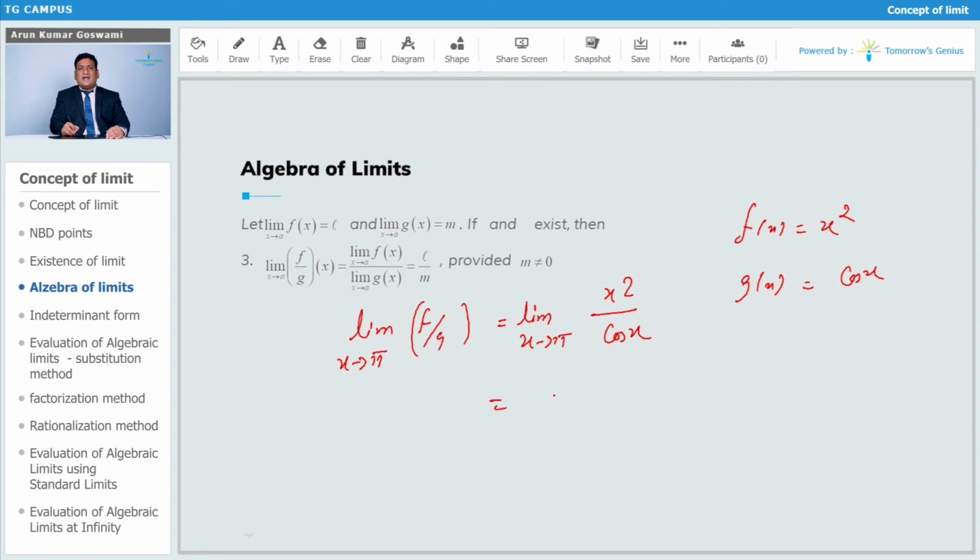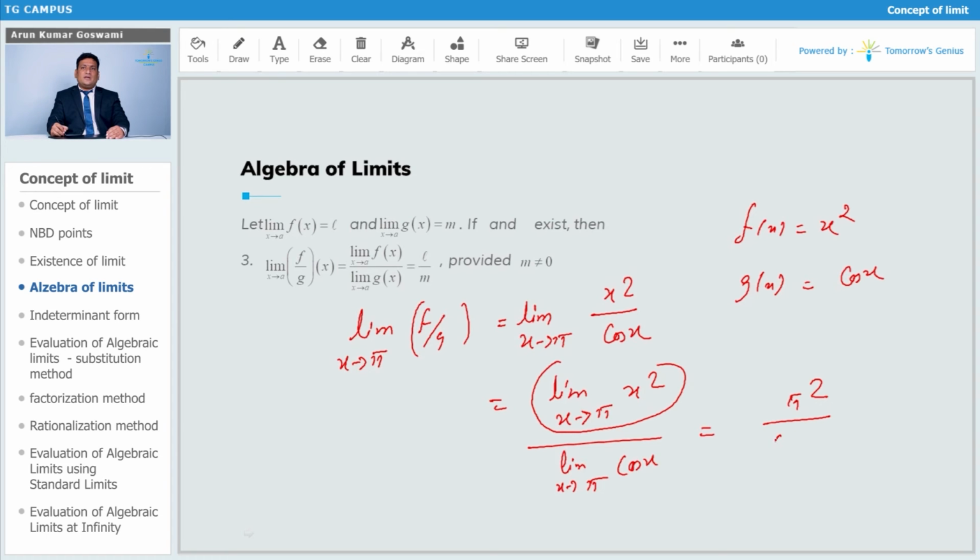So I can apply the limits individually to x square and to cos x. If I apply the limit in the numerator, I get pi square. In the denominator, I get cos of pi, which is nothing but -1, so the answer is minus pi square. So this is what we have to do: separately, we have to apply the limits.